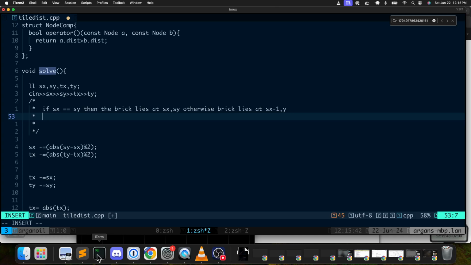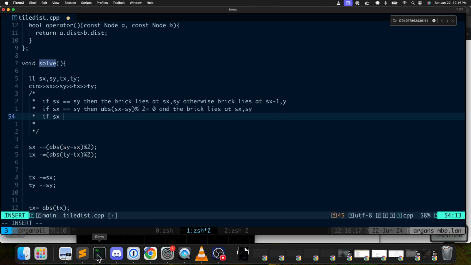To check whether sx is equal to sy, I am telling that if sx is equal to sy, then the absolute value of sx minus sy mod 2 will be equal to 0, and the brick lies at sx comma sy.